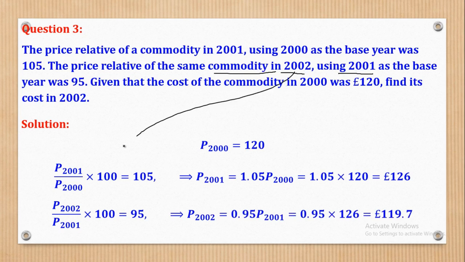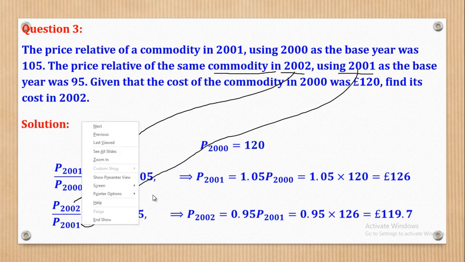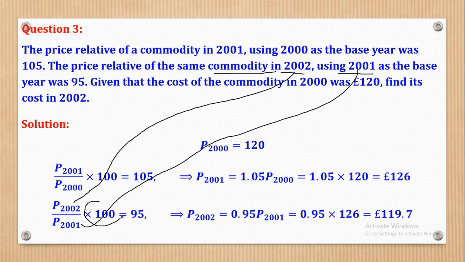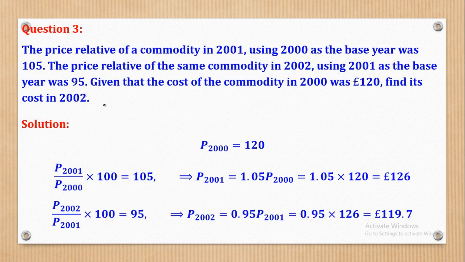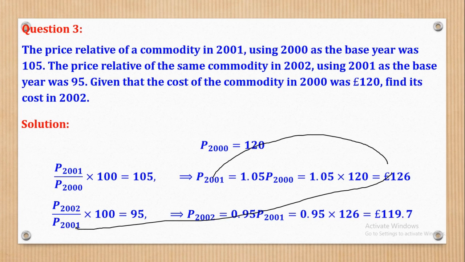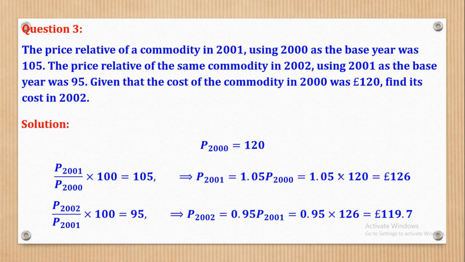That is why we are using here price in 2002 over price in 2001 multiplied by 100 gives you 95, which was given here. Now the good thing, I already have the price in 2001, so I can substitute and make the price in 2002 the subject. And when I do that, I'll come up with £119.7, and that's what they wanted.